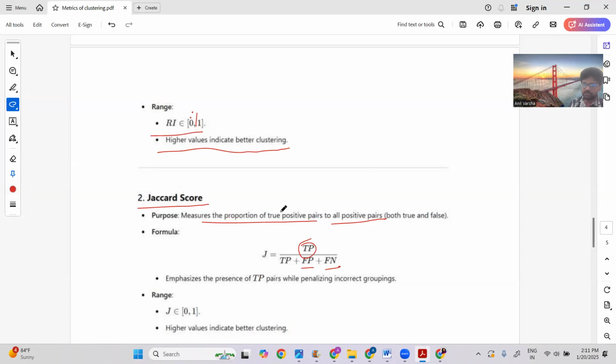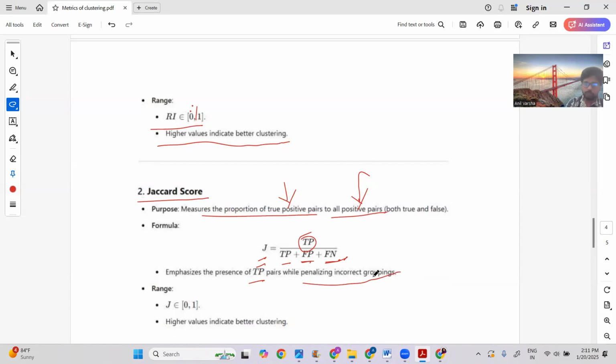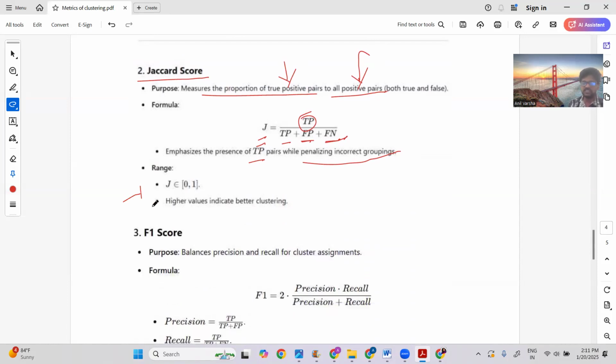So Jaccard score J is equal to true positive divided by true positive plus false positive plus false negative. It emphasizes the presence of true positive pairs while penalizing the incorrect grouping. Again, it is between 0 and 1, and higher values indicate better clustering.